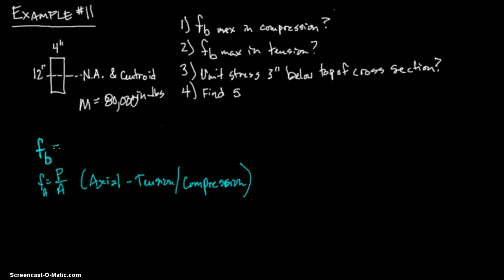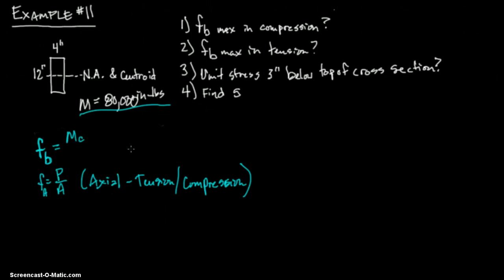This is stress in bending, and it equals MC over I, or sometimes they say MY over I. It depends how you want to look at it and how you're defining them. In the Kaplan study guide, M is always going to be your moment, which you get from your shear and moment diagrams.